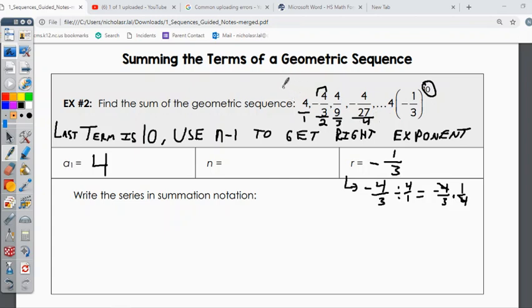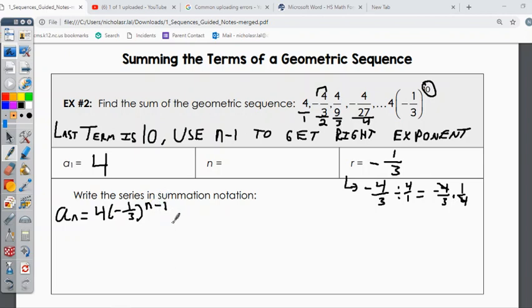If a1 is 4, then you could have an equal 4 times negative 1/3 to the n minus 1. Because that way, when n is equal to 1, the first term is going to be 4 times negative 1/3 to the 1 minus 1, which is to the 0.